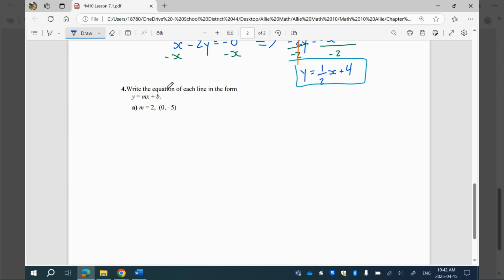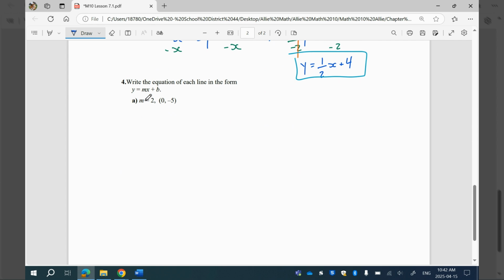Write the equation of the line in the form y equals mx plus b. Okay, so they've given us the slope, and they've given us a dot that it moves through. Remember, I wrote this at the very beginning, but where a line crosses the y-axis is where x equals 0.